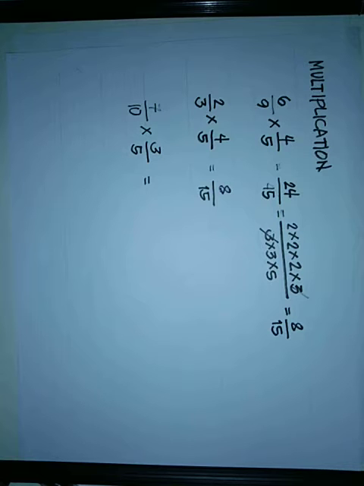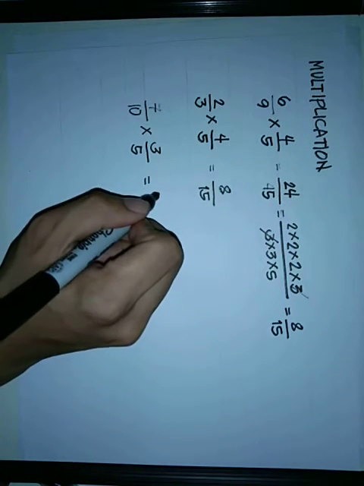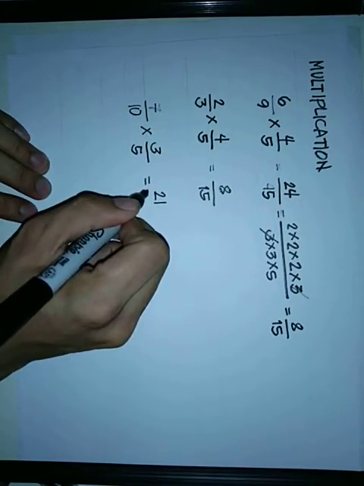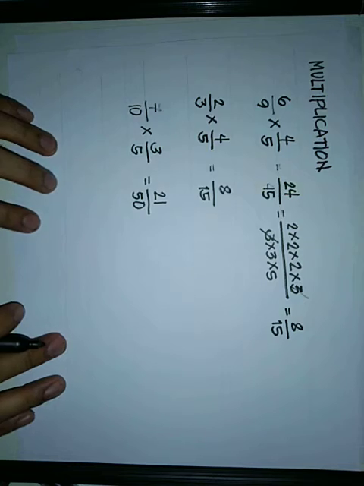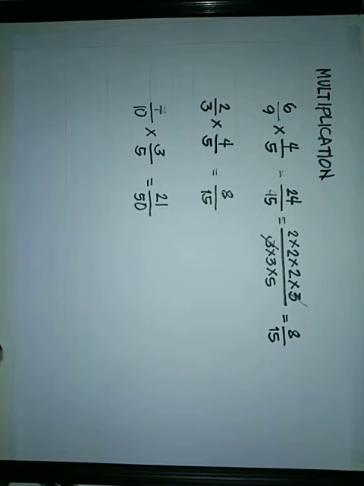So, we will have 7 over 10 times 3 over 5. So, kapag multiply natin ang numerator niya is 7 times 3, we have 21. All over 10 times 5, we have 50. So, that is just how simple yung pag-multiply ng ating dissimilar fraction.